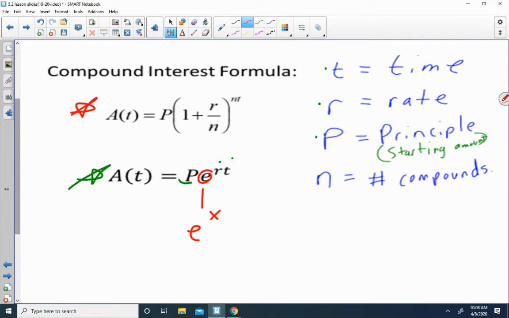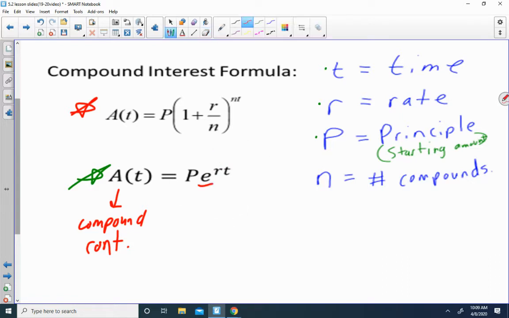And this formula you are only going to use with a certain type of compound called if you're compounding continuously. Or in other words, you're basically computing interest every second or every moment. It's continuously adding interest every moment of the investment. And that's the only time we'll ever use PERT.